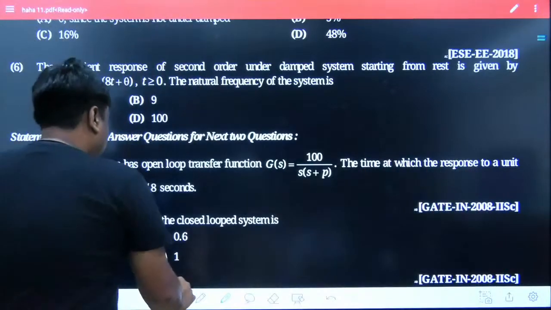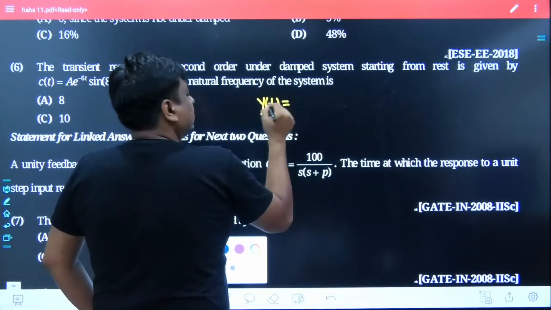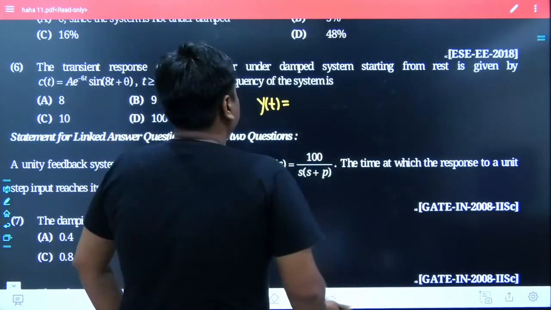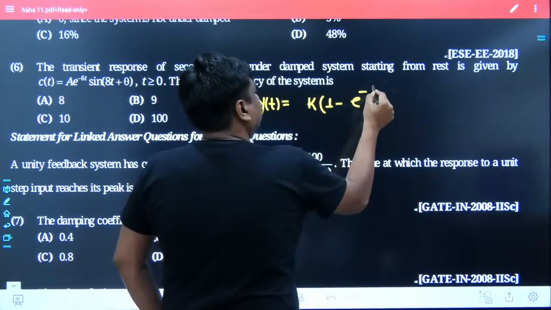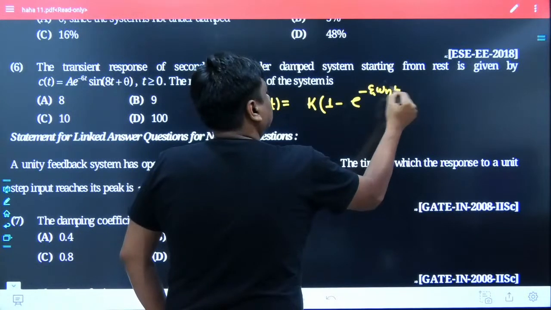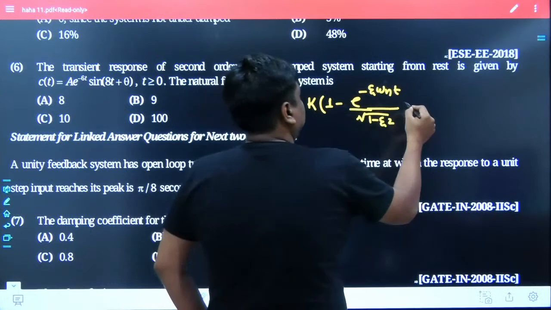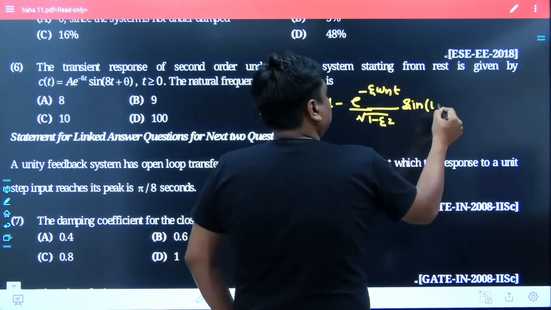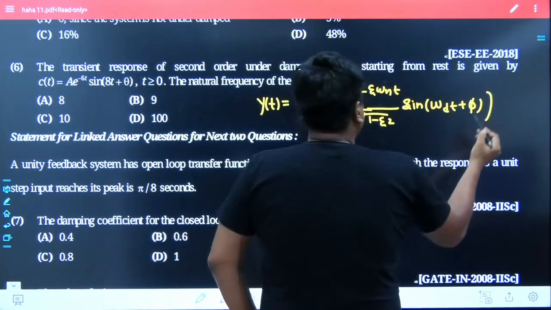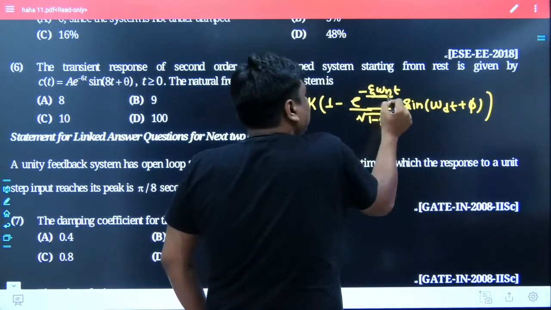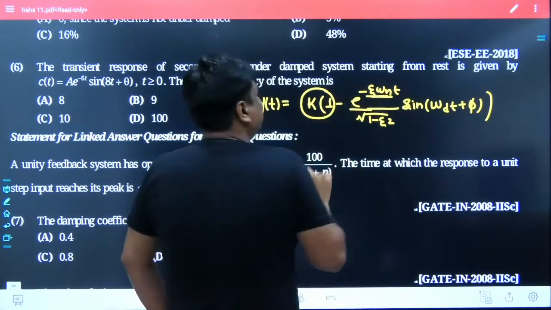For the standard second order underdamped system excited with the unit step, it is defined as 1 minus e^(-zeta omega_n t) over root of 1 minus zeta square, times sine of (omega_d t plus phi). But one thing is quite sure: over a period of time this factor would vanish, and at the end of the day, as t tends to infinity, it would settle down at k.